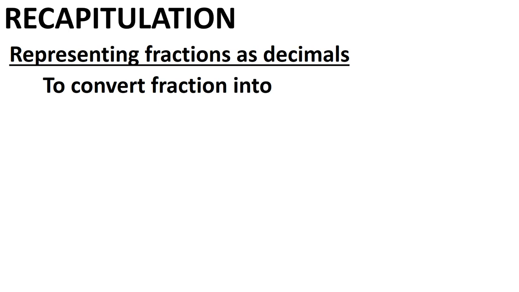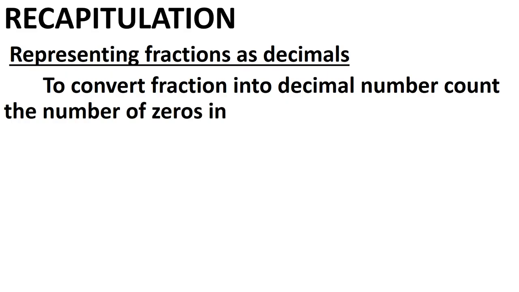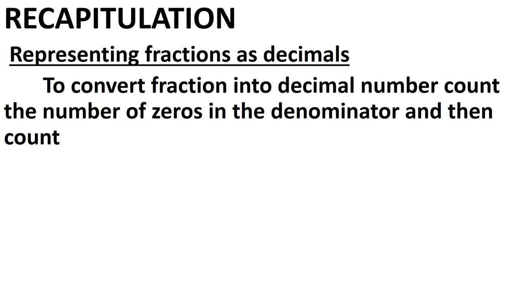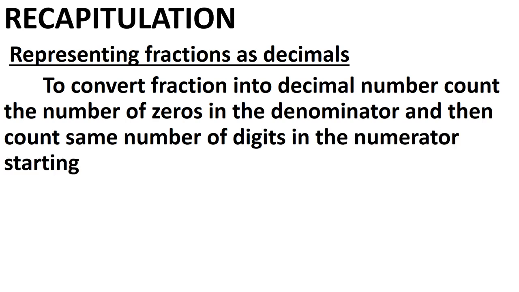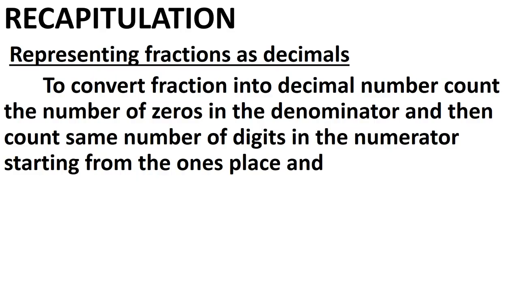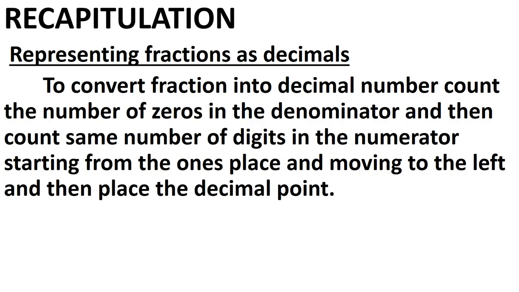To convert fractions into decimal numbers, count the number of zeros in the denominator and then count the same number of digits in the numerator, starting from the ones place and moving to the left, and then place the decimal point.